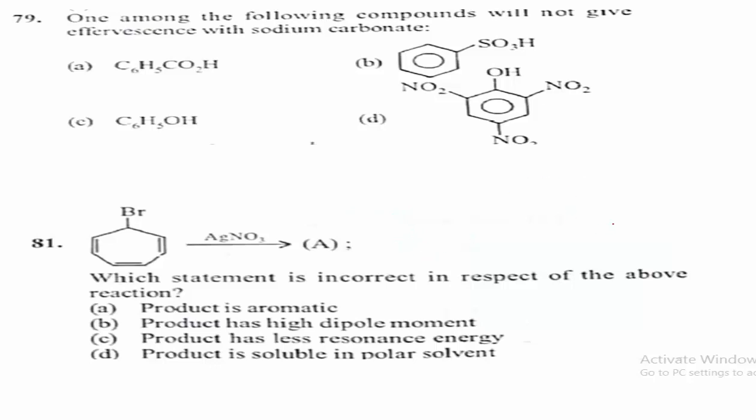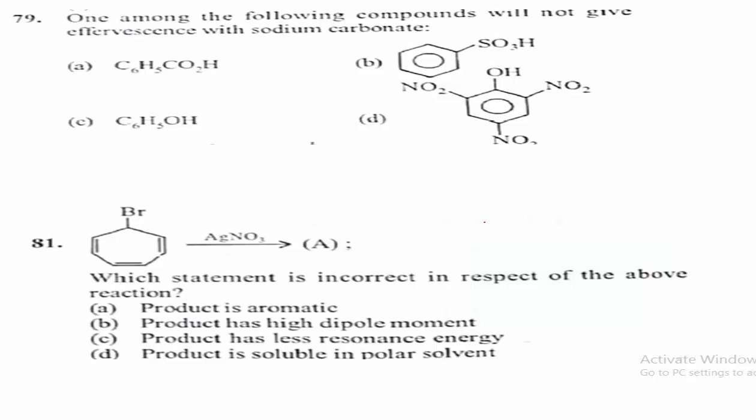Yes, option D. 2,4,6-trinitrophenol, common name is picric acid, due to the presence of 3 NO2 groups. NO2 is an electron withdrawing group. It is highly acidic and reacts with sodium bicarbonate and sodium carbonate.